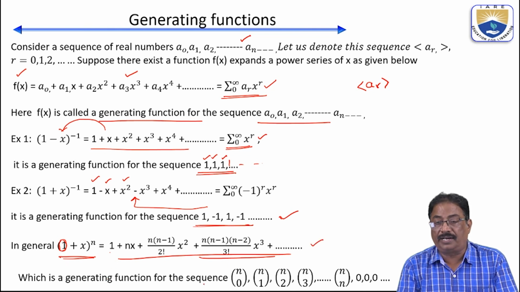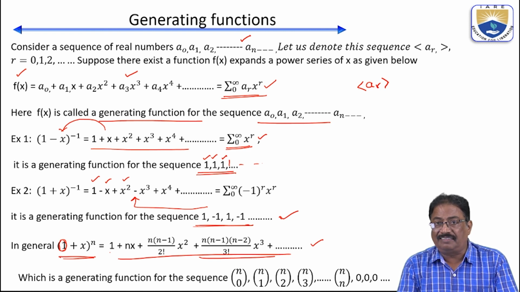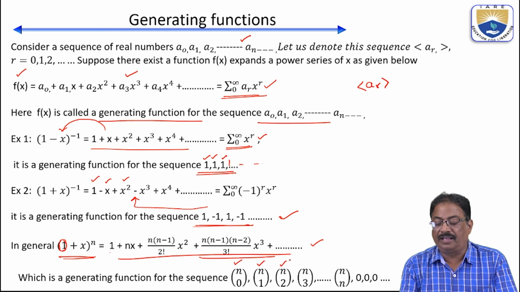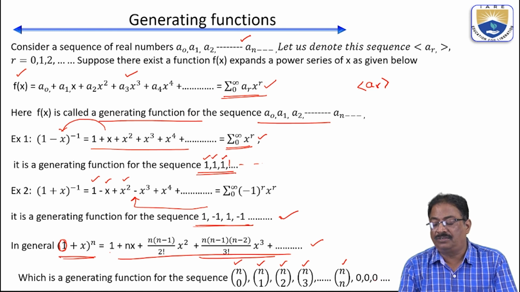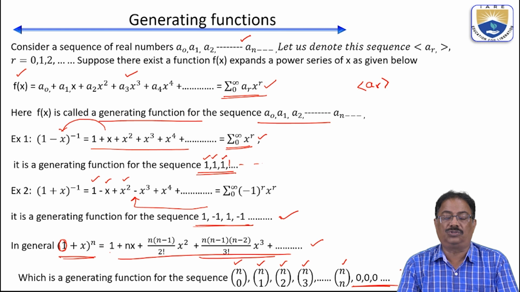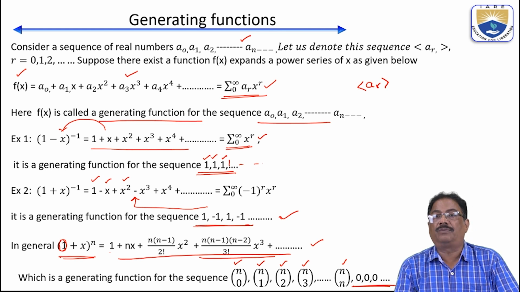So I get the binomial expression for 1 plus x whole power n. This is also a generating function for the sequence nC0, nC1, nC2, nC3 and so on, nCn, which is not infinite. The remaining terms after n terms are all equal to zero. This is the way we find the generating function.